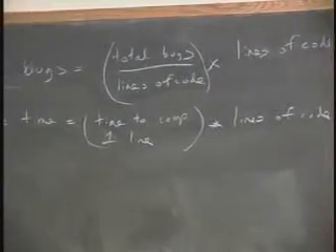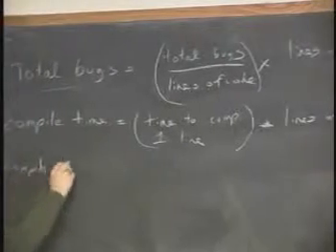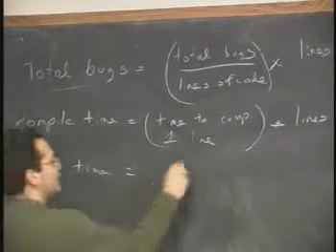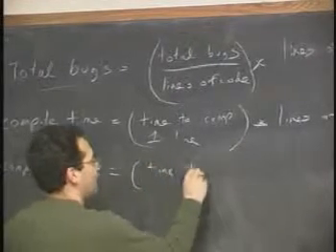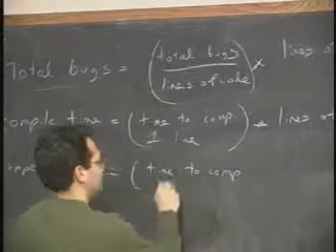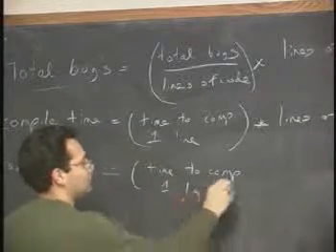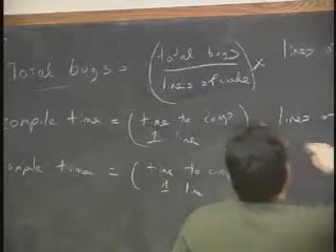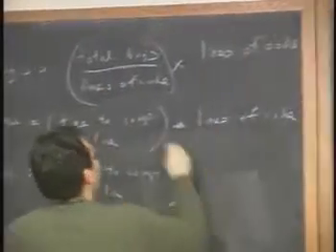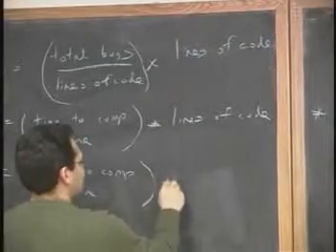So now let's substitute in and see what we get out. So the total compile time is going to equal this, the time to compile one line, right? And if we substitute this in here, then we say, well, lines of code, lines of code. So let's call this the bug rate.